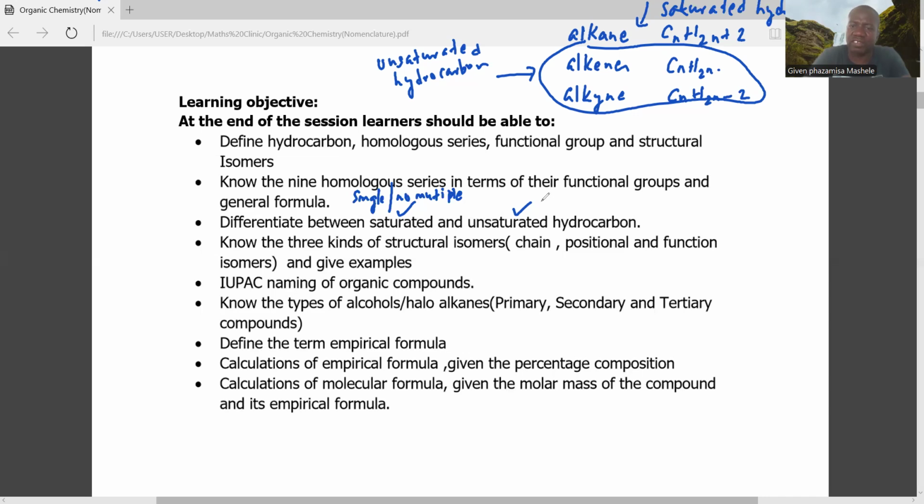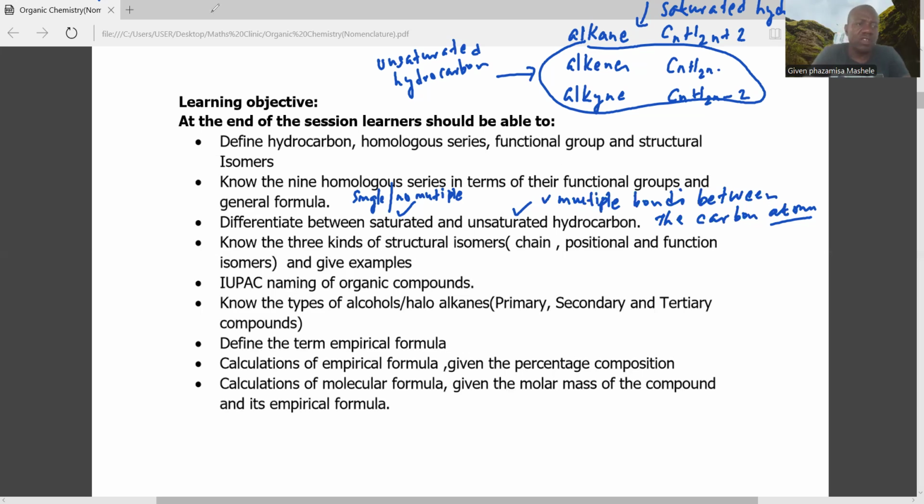Or you can say it contains multiple bonds between the carbon atoms. Because of that, they are unsaturated. So it's very important, ladies and gentlemen, to know this. Very, very important.